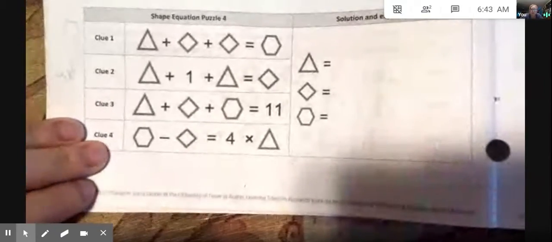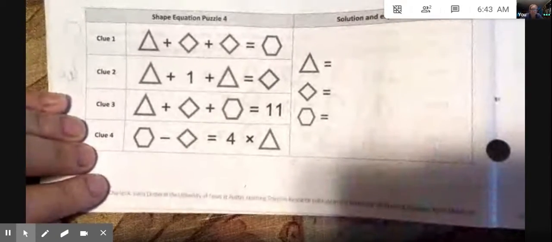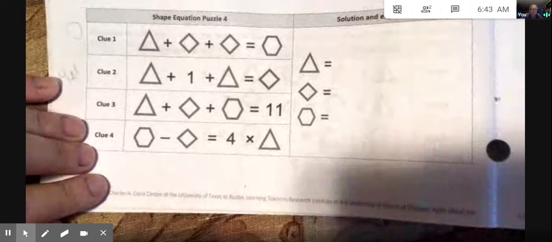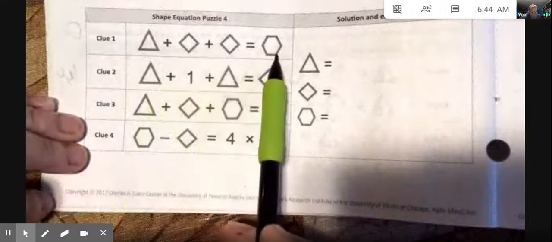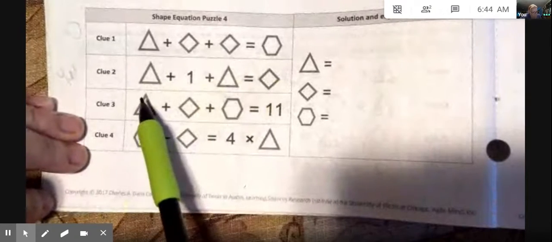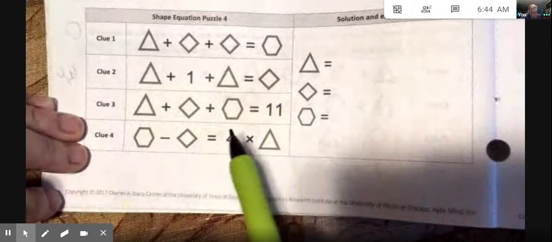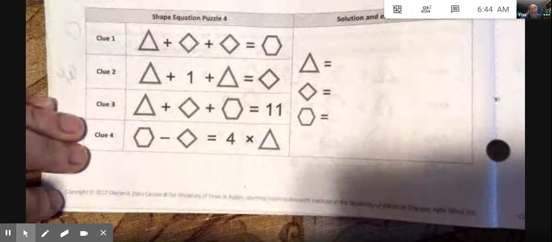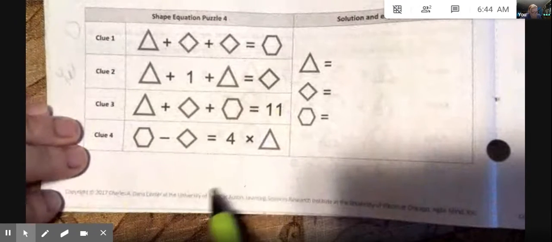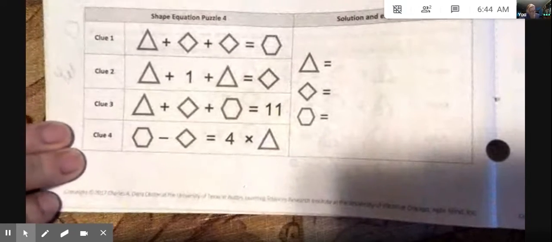Oh boy, where do we start here? Got triangle. Boy, this one's tricky.